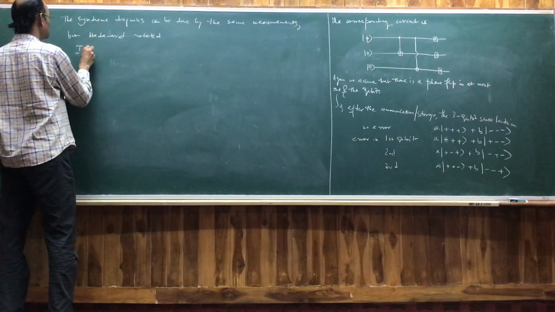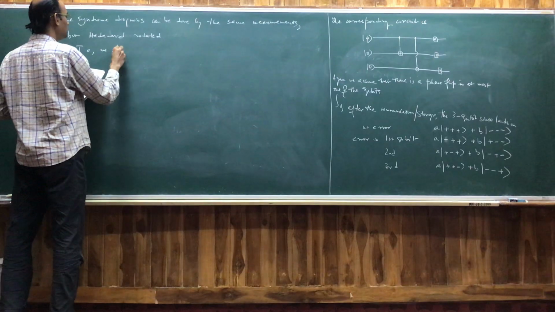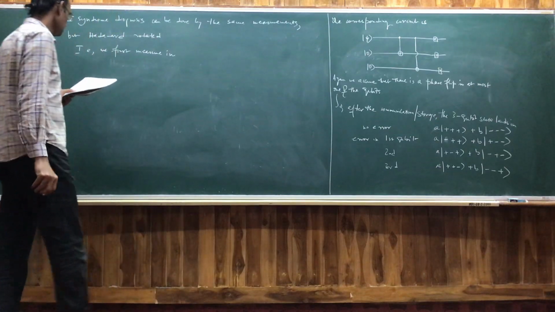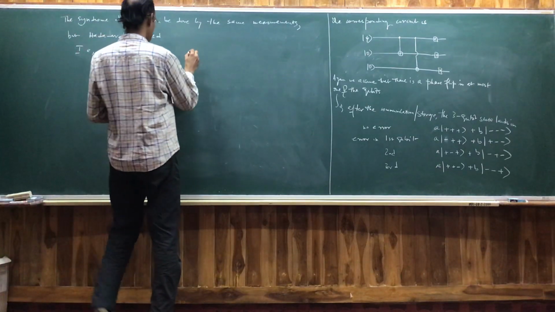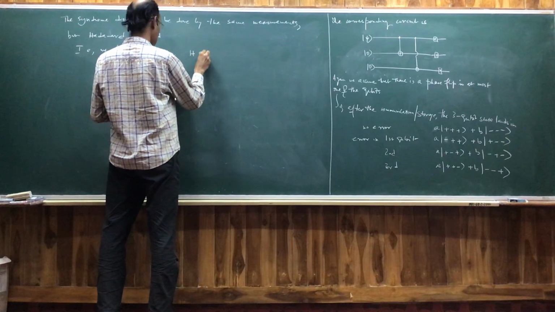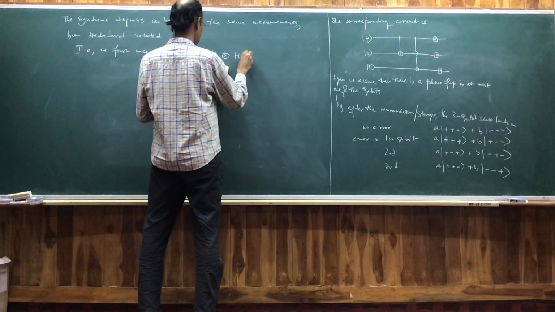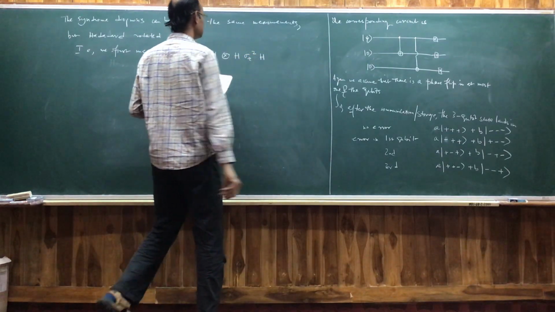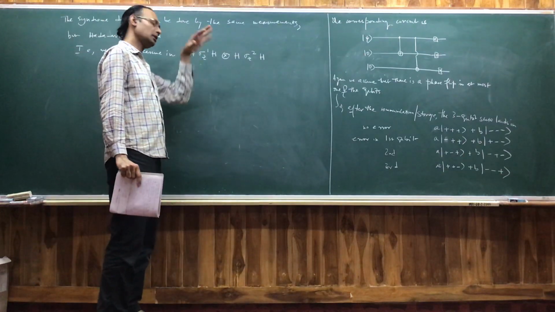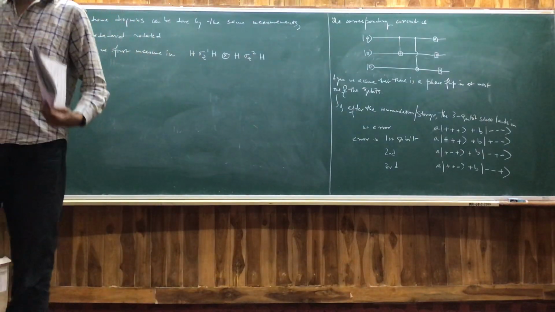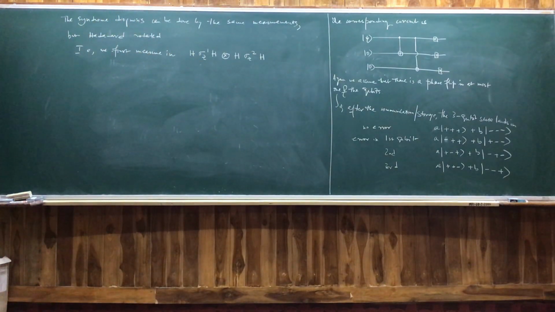That is, we first measure in, initially in the bit flip error case it was ZZ. You have extra azimuth rotated. Everything is seen from a different perspective, different basis.